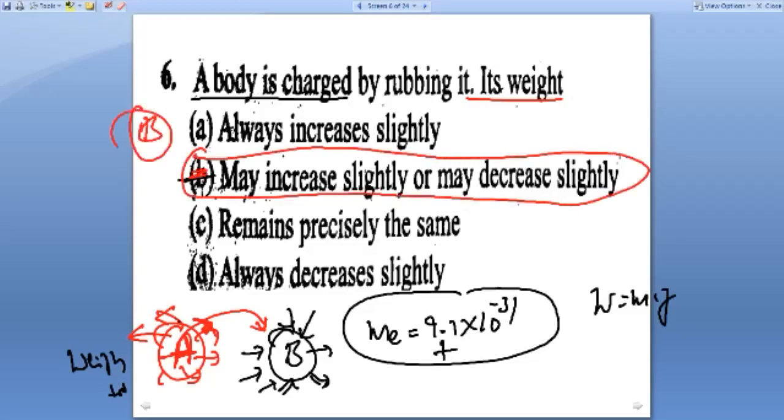Many students have a lot of confusion: a body is charged by rubbing means its weight may increase or decrease. Both cases happen.